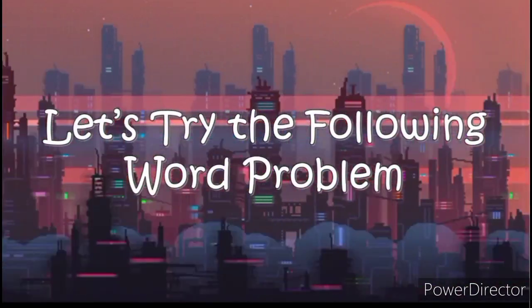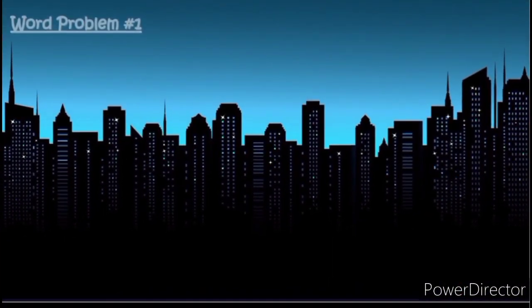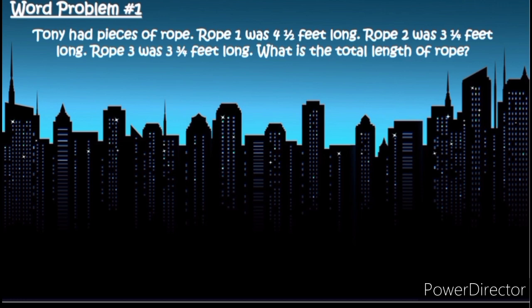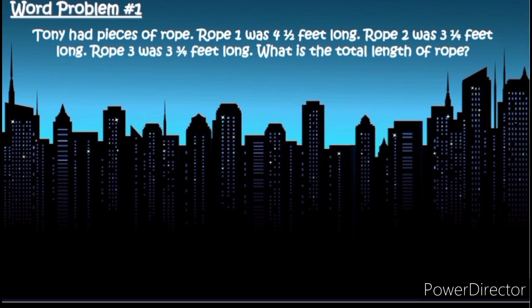Let's try the following word problem. Word problem number 1. Tony had a piece of rope. Rope 1 was 4 1/2 feet long. Rope 2 was 3 1/4 feet long. Rope 3 was 3 3/4 feet long. What is the total length of the rope?